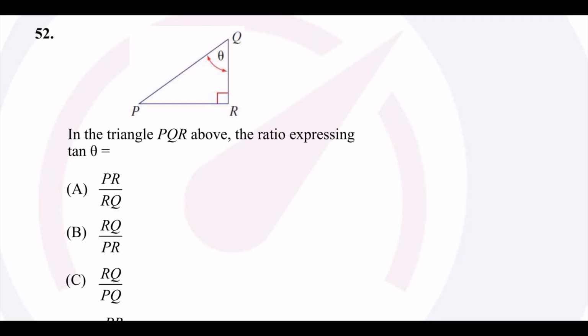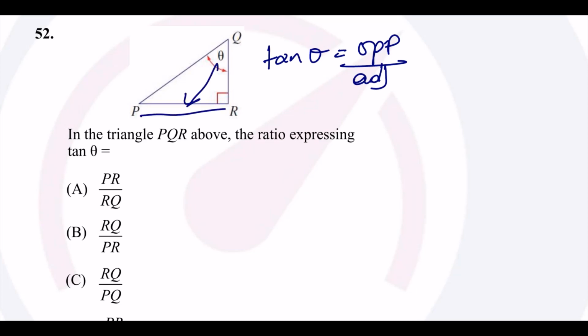Question 52, so look at the triangle there. In the triangle PQR above, the ratio expressed in tan. Now we know that tan of the angle is equal to the opposite side over the adjacent side. So the angle is here. The opposite side here is going to be PR, and the adjacent side is the side where both the angle and the right angle are, which is going to be our QR.